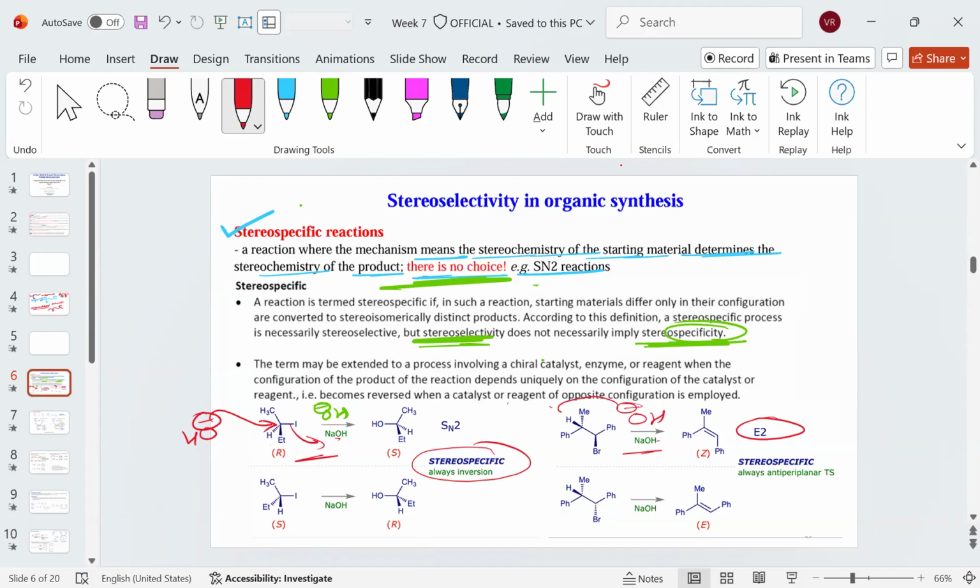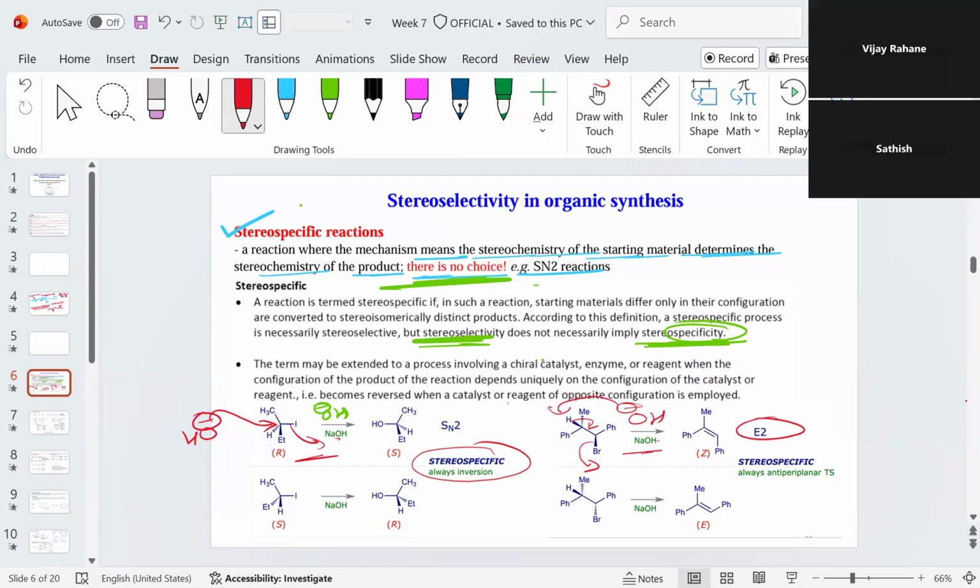abstracts this proton, and parallelly the electrons of the carbon hydrogen bond move to form the double bond, and this Br negative gets eliminated. So this is an example in which both molecules are involved, therefore it is called an E2 elimination.